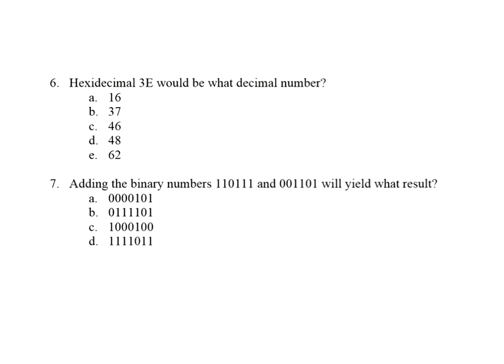Hexadecimal 3E would be what decimal number? Well, let's see. Write down your place values for base 16. You got a 1's place, and 1 times 16 is 16, so I have a 16's place and a 1's place. I have 3 groups of 16, so I have to do 3 times 16 first.